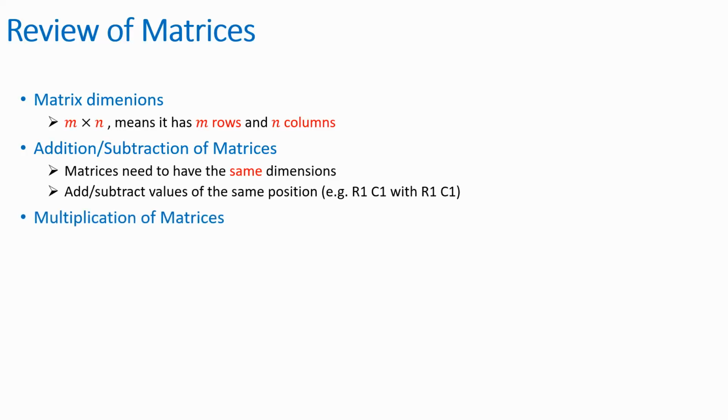Now, multiplication of matrices is what you need to remember as well, and there are a couple of properties in here. AB, so matrix A multiplied by matrix B, is not the same as matrix B multiplied by A. This is not like your general numbers where 2 times 3 is equal to 3 times 2.